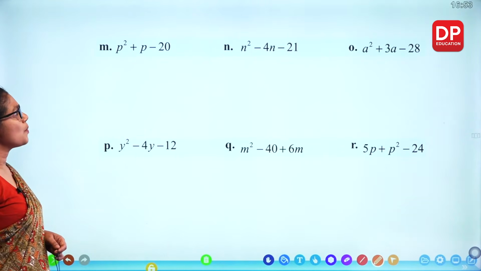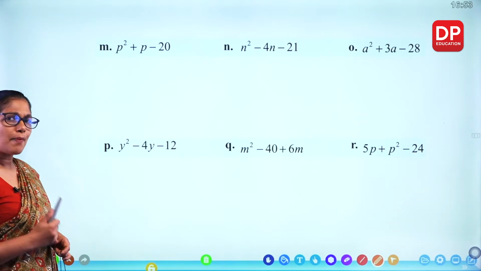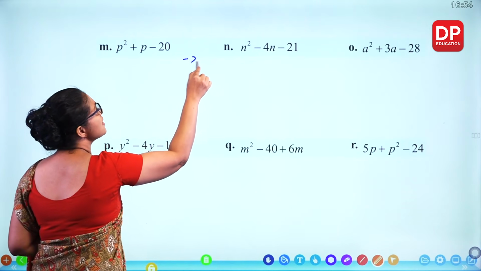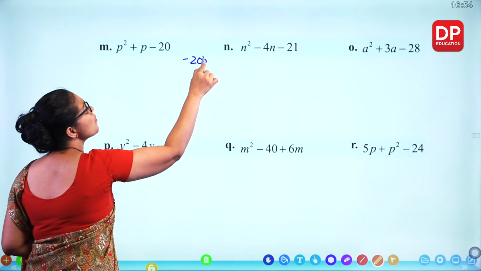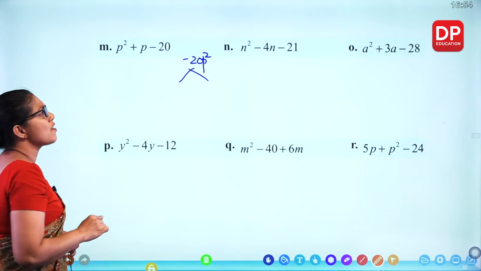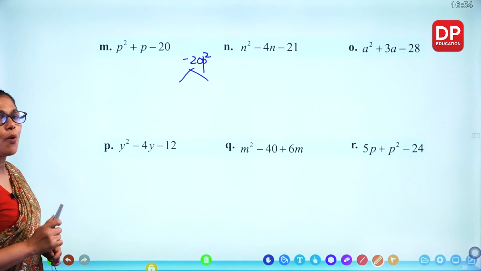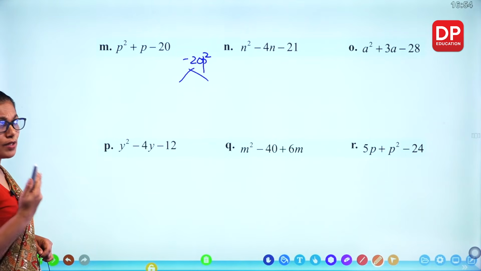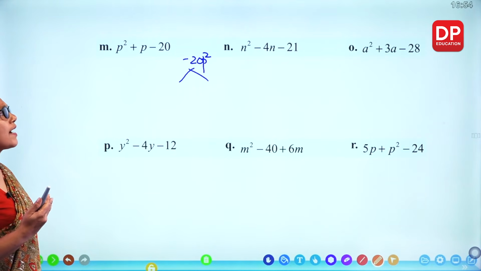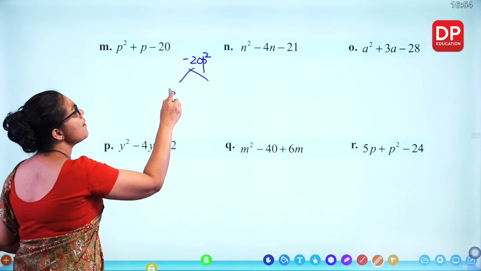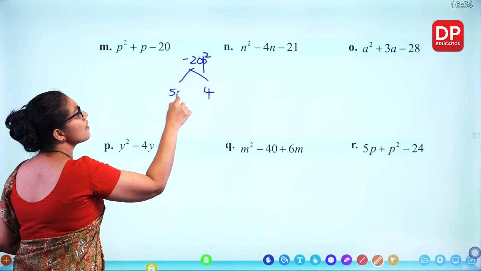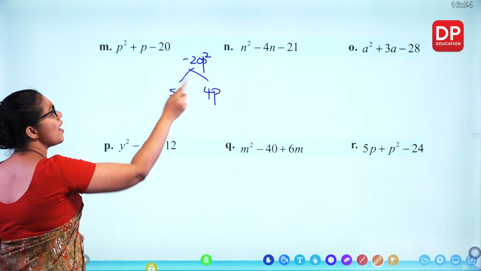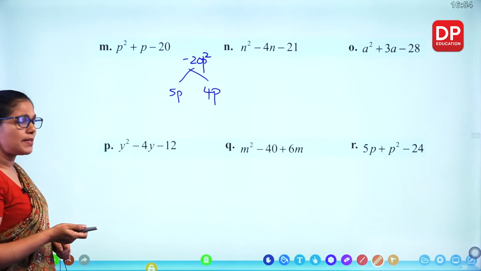Now we'll take this one. Last number is minus, middle term is plus. So what we do? Take this one. What are the factors of minus 20 to get 1p? So what are the factors? You need to select the suitable factors. So here 5 and 4. But how we decide the sign? 1 should be negative because the last term is negative.